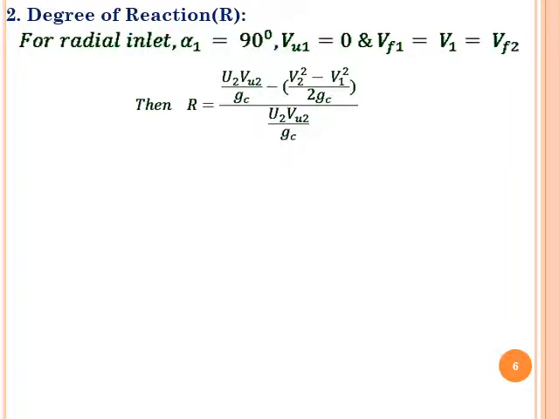Then the degree of reaction R is equal to U2 Vu2 by Gc minus (V2 square minus V1 square) by 2 Gc, to the ratio of U2 Vu2 by Gc. That is, degree of reaction is equal to static head to total head.